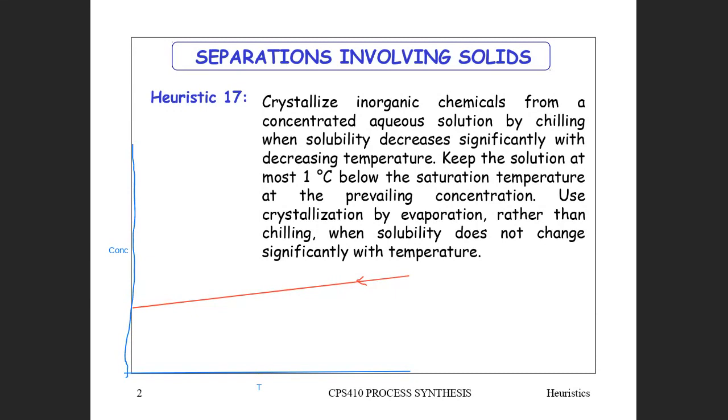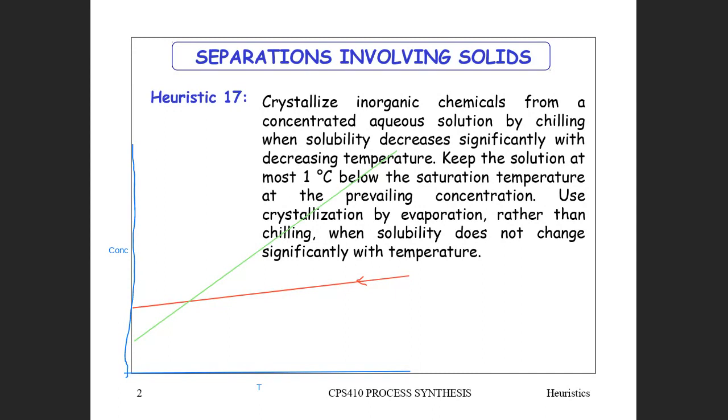But sodium chloride has got a line that looks something like this. Let's take sugar, that example that I was talking about earlier, and have a look at what its line might look like. And its line is probably going to look something like that.